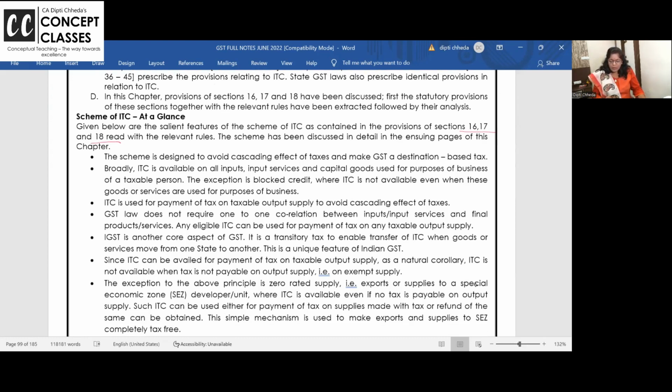Scheme is designed to avoid cascading effects. Yes, input tax minus output tax. Again, whatever is output is input for you and so on. ITC is available on all the inputs and capital goods used for the purpose of business. Exception is block credit when ITC is not available. ITC is used for payment of tax on taxable output supply to avoid cascading effect.